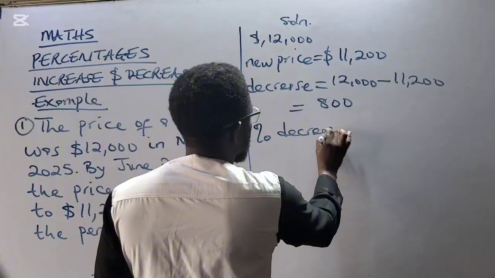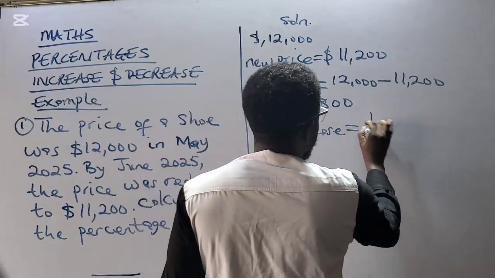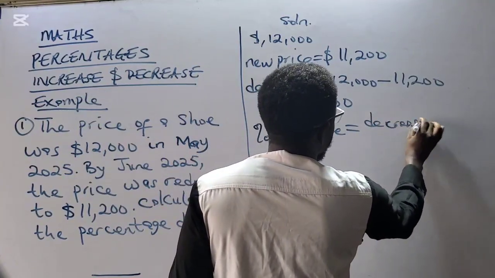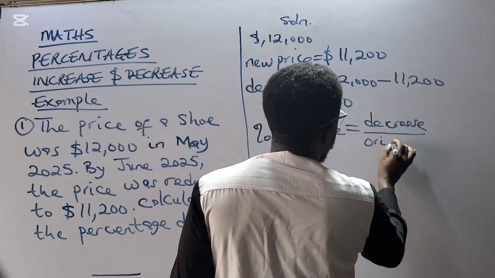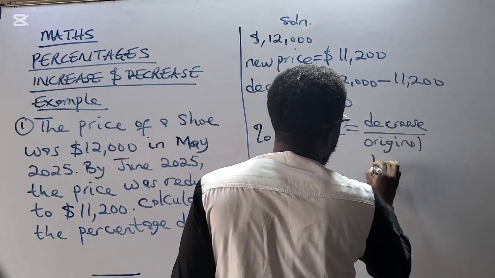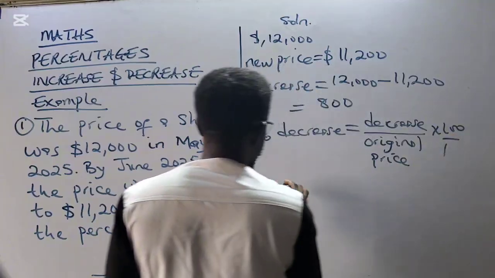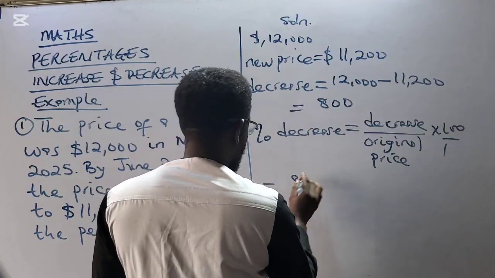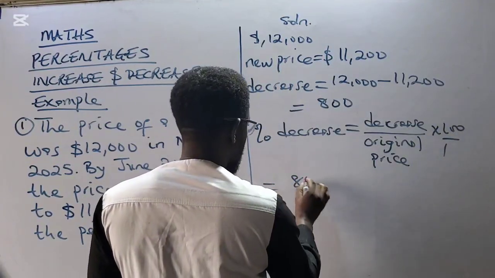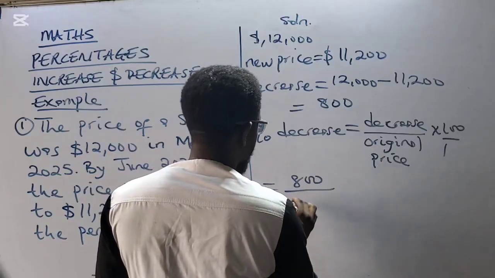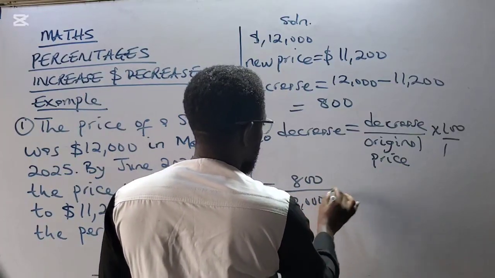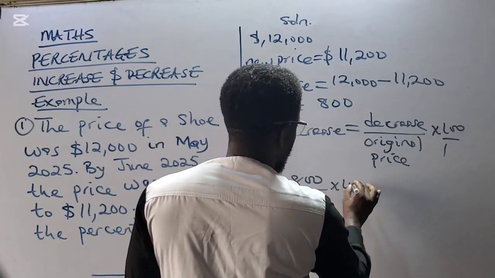Percentage decrease will be the decrease over original price times 100 over 1. So that will give us 800 over original price 12,000 times 100 over 1.